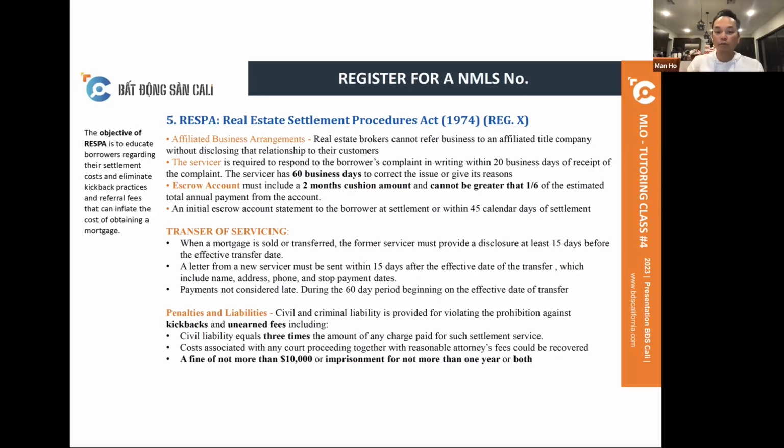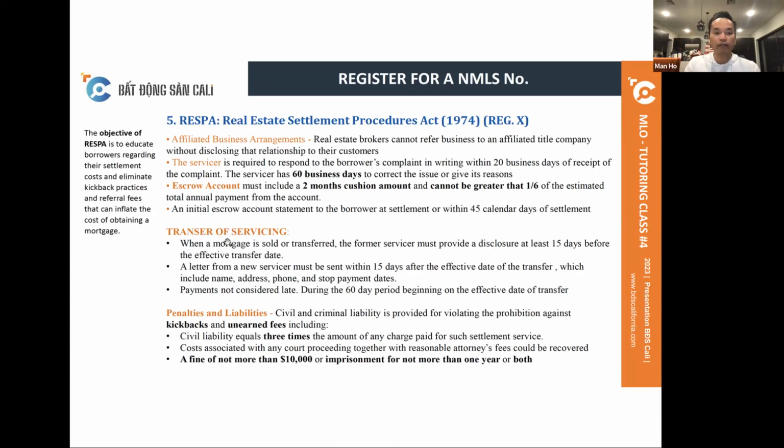That account must have a 2-month buffer or cushion, and overall the account total cannot be greater than one-sixth of the whole year combined. An initial escrow account statement must be sent to the borrower within 45 calendar days of settlement. So the servicer managing the escrow account needs to send out an account statement within the first 45 days.